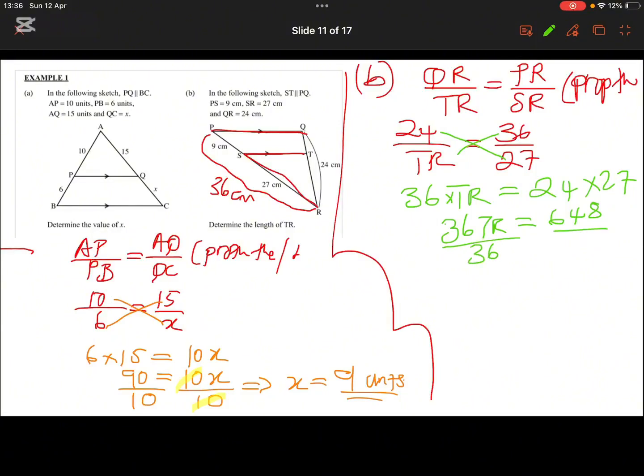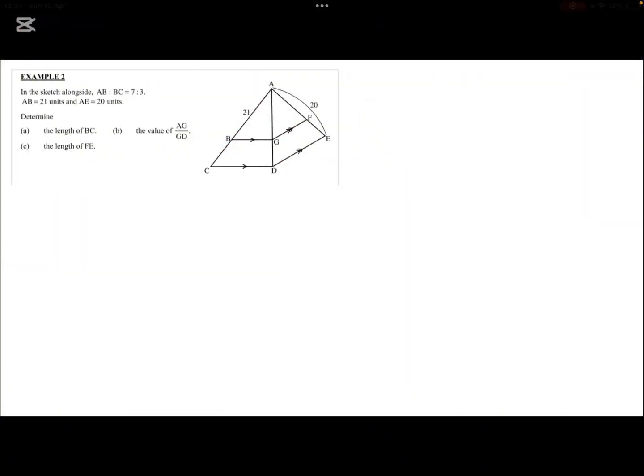Now we can divide both sides by 36. 36 divided by 36 is equal to 1, and 648 divided by 36, then our TR will be equal to 18 centimeters. Right. So that is how we determine the length of TR.